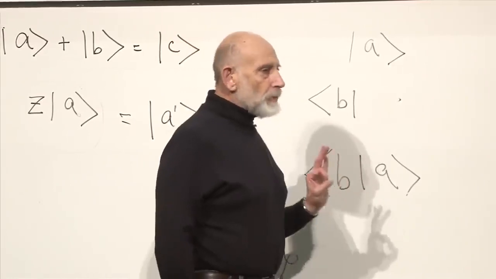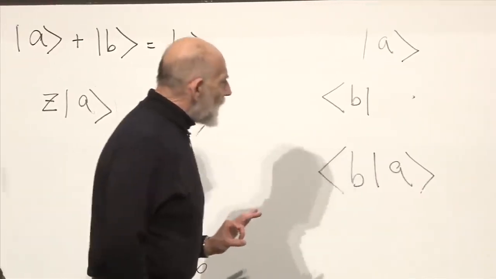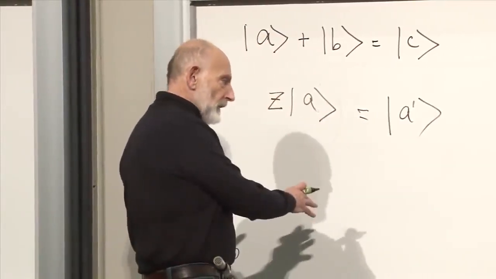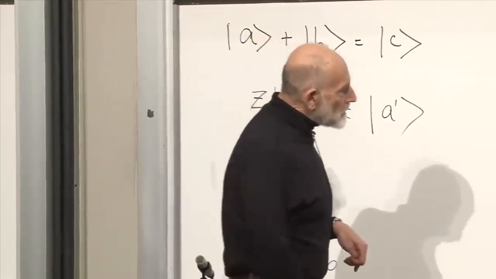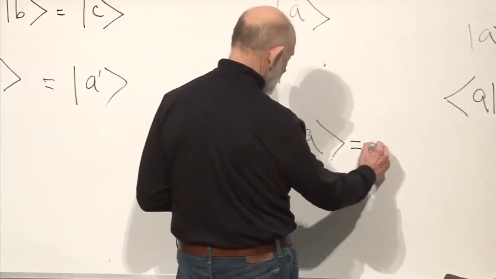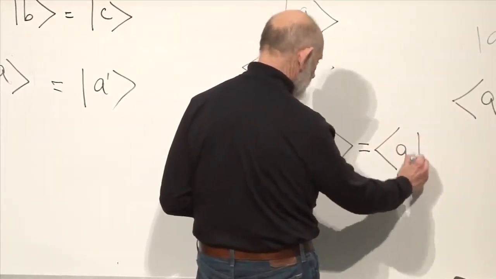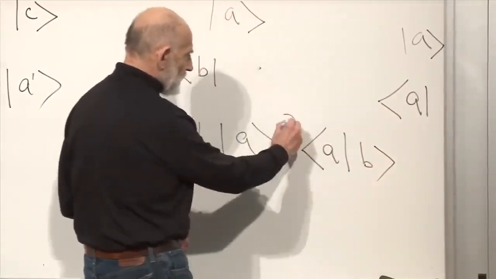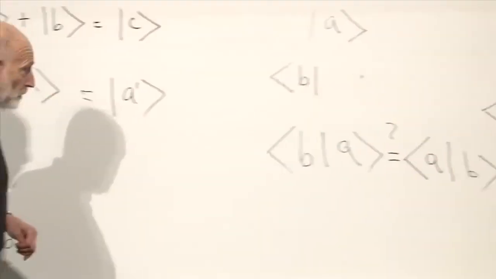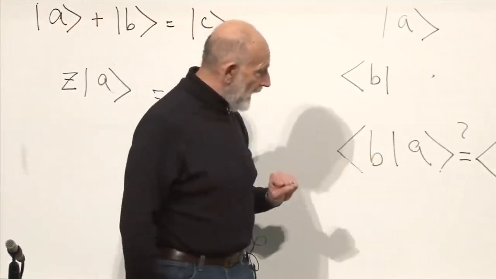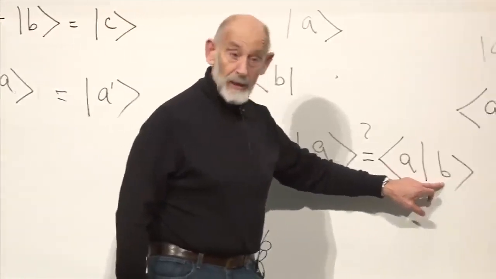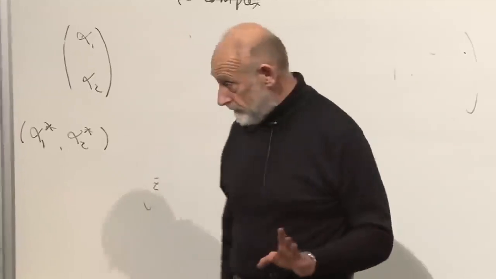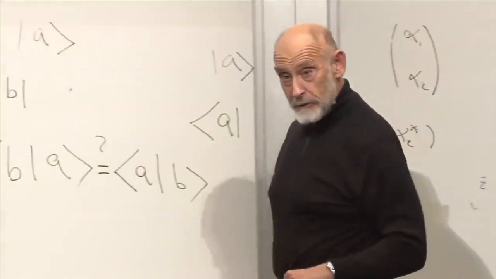So the inner product of two vectors is really a product of a vector and the dual of a vector. Now, is it the same as multiplying the bra vector A with the ket vector B? Question. Is it the same to multiply the bra B with the ket A or the bra A with the ket B? And the answer is no. It is not the same operation, but in fact they're closely related.